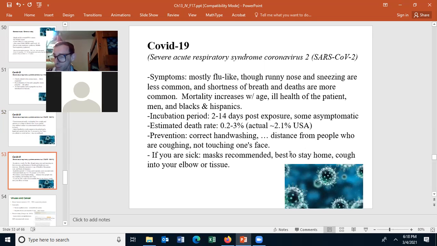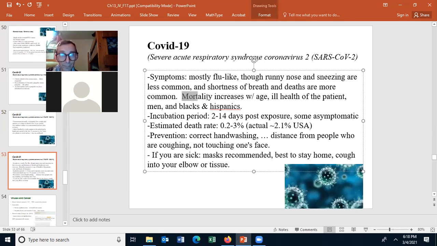They do know why the mortality rate is very low in children. It turns out that children have a very good innate immune system, which is what I mean by that is they have a first line of defense as their immune system, and it's very good because their immune system has not been around very long, so they don't have a bunch of antibodies to a bunch of viruses.